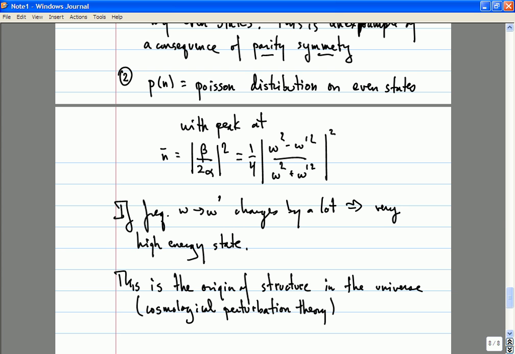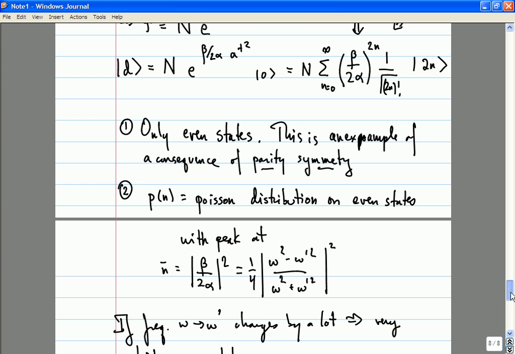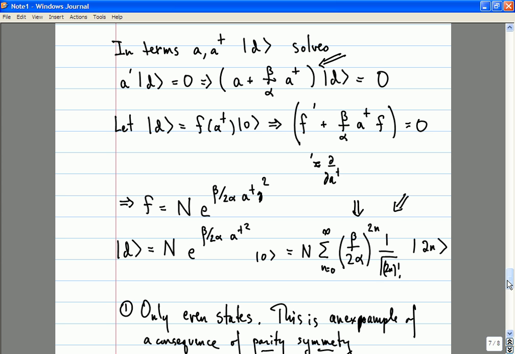Yes? So I don't understand when you have F prime. Good. Yeah, I went a little fast here. Okay. Let's go through that in a little bit more detail. Okay. So let's just use this equation here. So what does that say? That says that A plus beta over alpha A dagger times F of A dagger acting on the ground state is equal to 0.